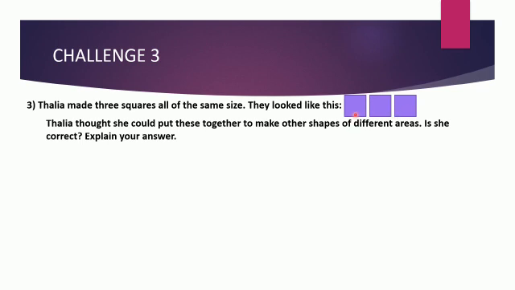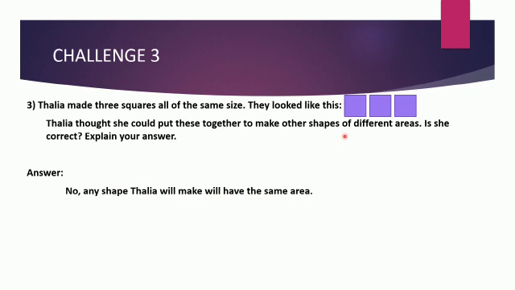The area of the 3 squares is the same, so she wants to make other shapes but with different areas. Is she correct? No, she is not correct, because it is not possible to make shapes with different areas. She can make other shapes, but the area will not be different. The area will be the same. So our answer is no. Any shape Thalia makes will have the same area.